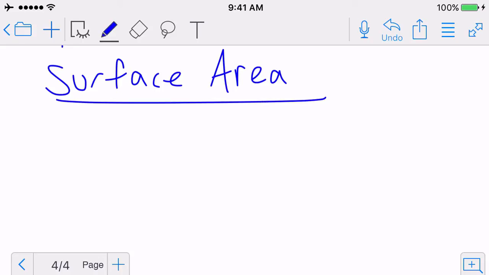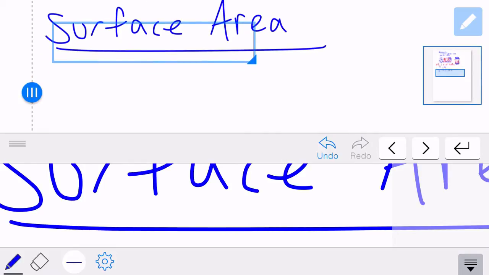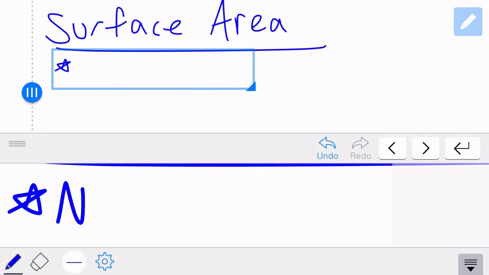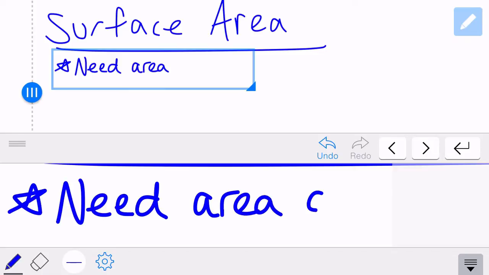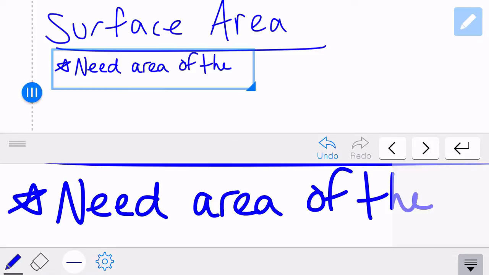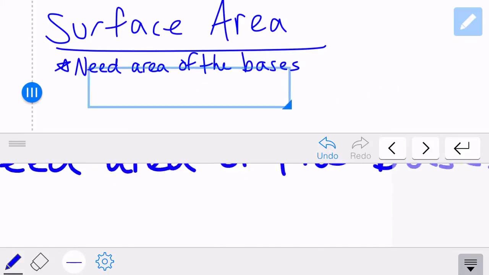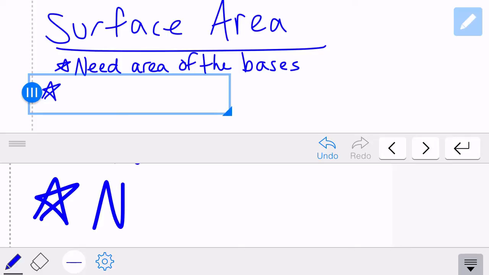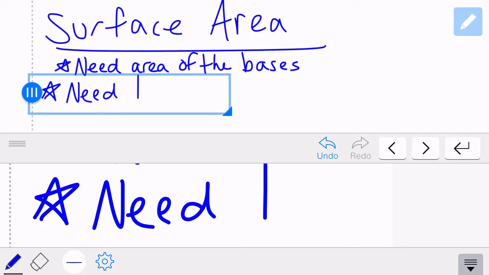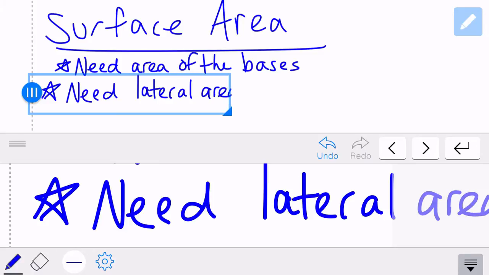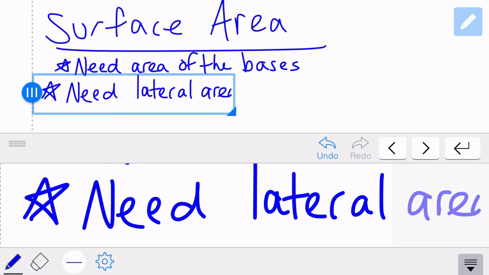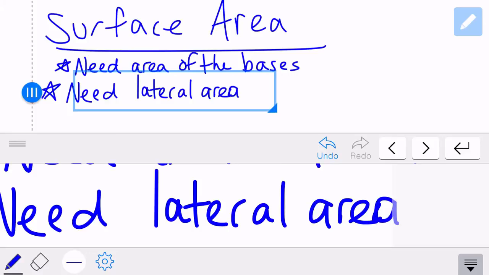So again, we want to find the area of the bases. And then we also need the lateral area.